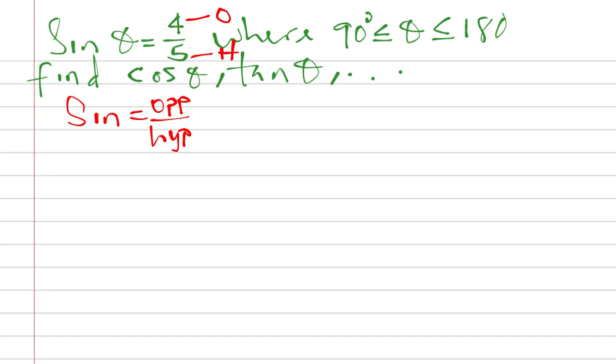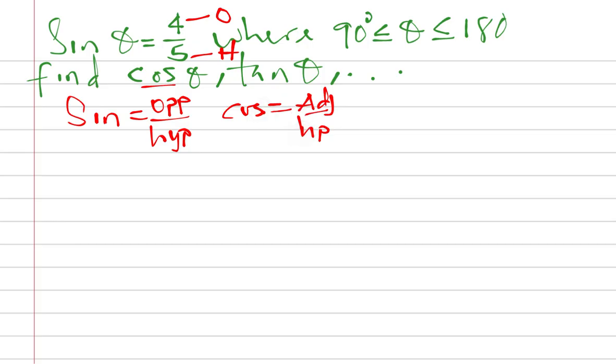Are you seeing that now? So if I want to get my adjacent, because for me to do cos, cos is adjacent over hypotenuse. Are you seeing that? Cos is adjacent over hypotenuse.